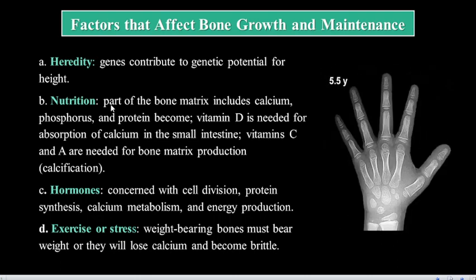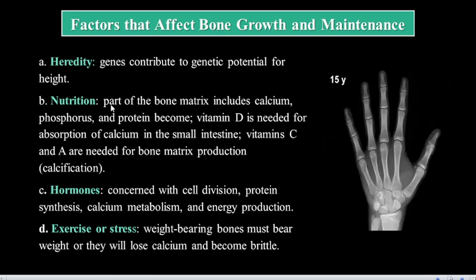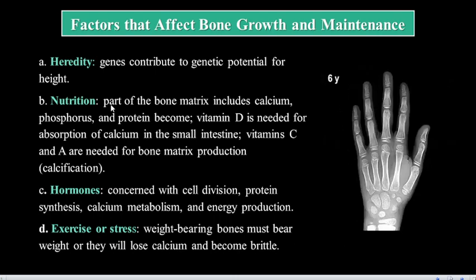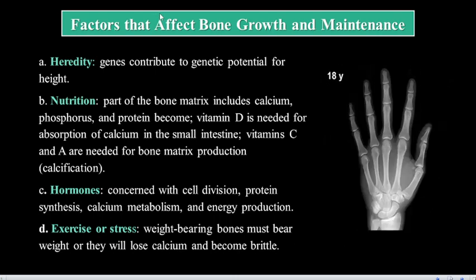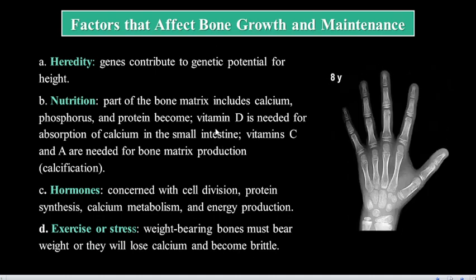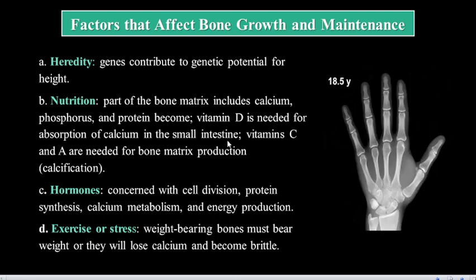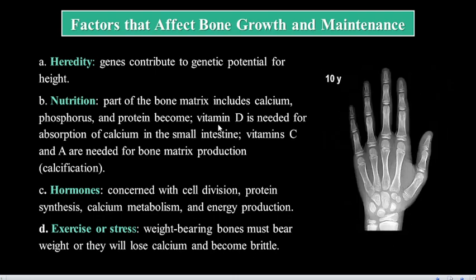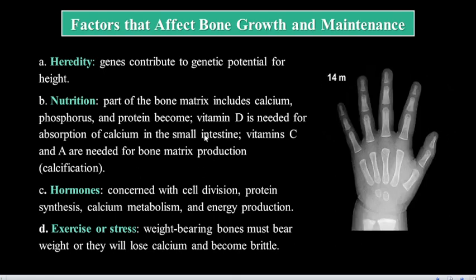Now, in the bone matrix, you will find different types of nutrition for the bone. You have the calcium, the phosphorus, and the protein. And then another one is your vitamin D. Okay? Kasi itong vitamin D, it is needed in order for your body to absorb calcium in the small intestine.